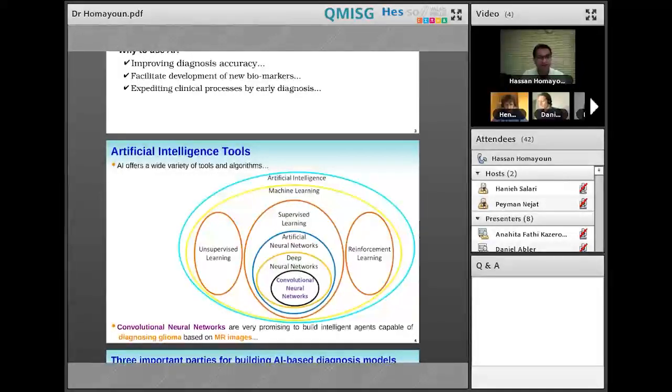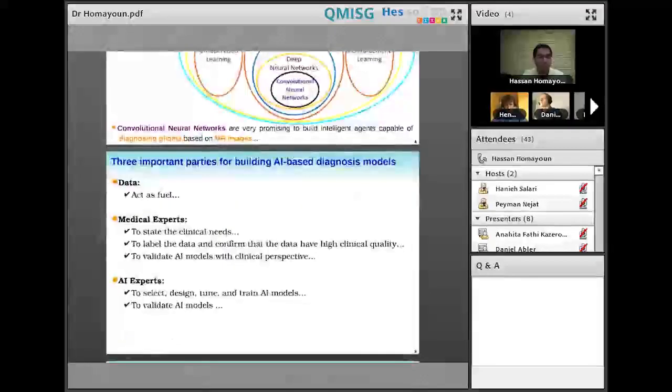Supervised learning itself includes multiple techniques, but artificial neural networks are very useful and handy these days, and the accuracy of artificial neural network models surpasses human accuracy in some tasks, thanks to deep neural networks as a very good variation of artificial neural networks.